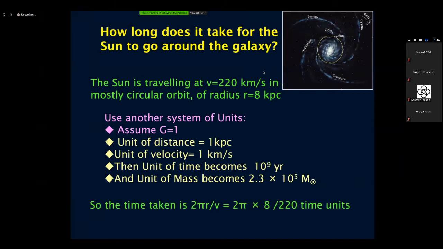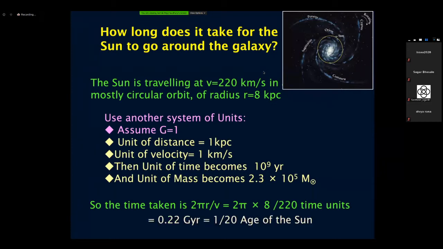We take 2 pi r divided by v, and my v is 220 because my unit is kilometers per second. My r unit is kiloparsec, so it's just 8. So all I have to do is 2 pi, which is about 3, times 8, is about 48, divided by v, which is 220, right?